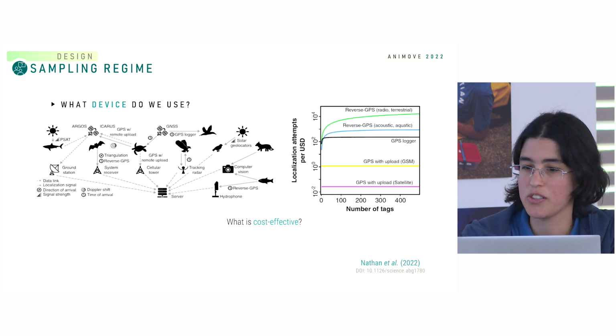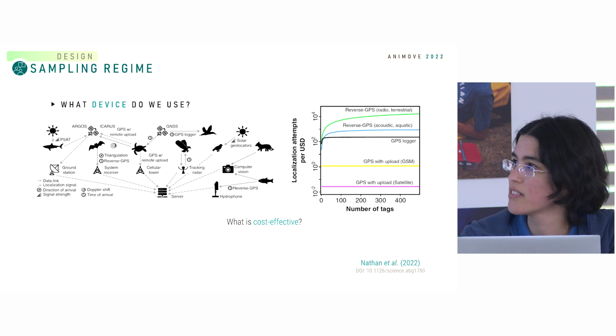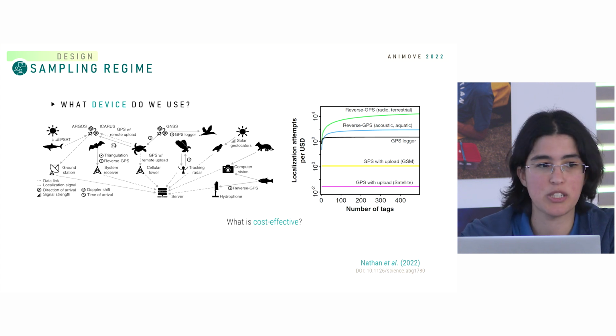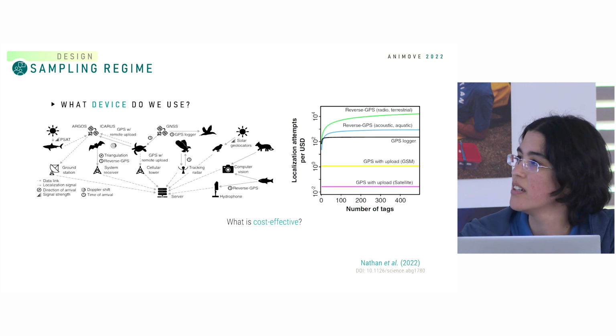So obviously there's also the component of what device even to use, right? There are so many different options these days, all with different costs, different applications, and different ways to actually get it running in the field. I won't go into much detail about that, but it's something you need to consider. What is cost effective?